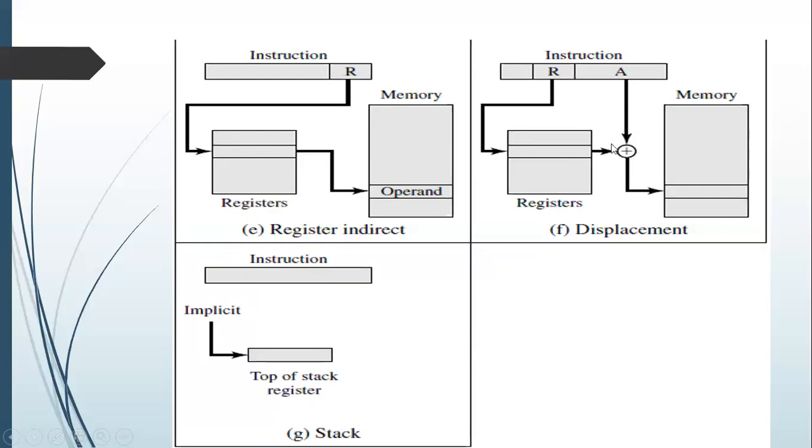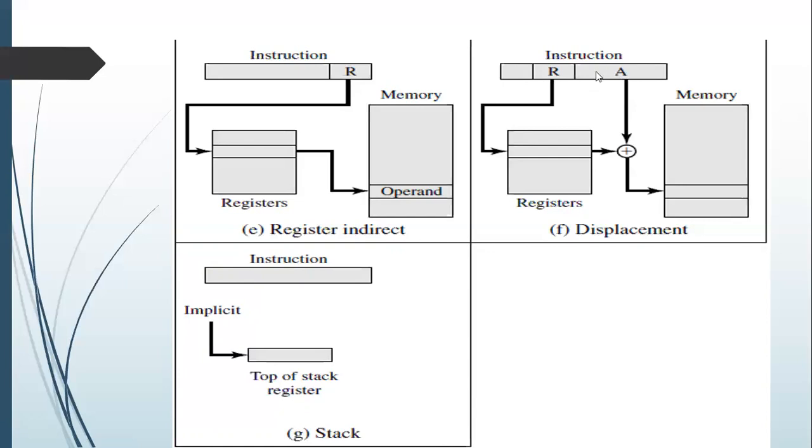Now this is one of the important addressing modes. This is your displacement addressing mode. The main thing to remember about this is that you are going to calculate your address.